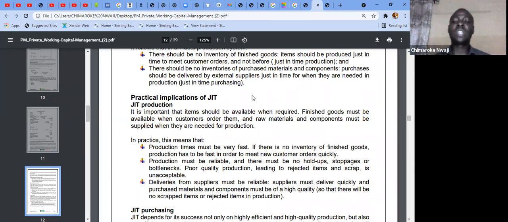So there's nothing like, I'm coming. Your delivery must be quick because you want to do just in time. So your suppliers must be very reliable, your production must be very fast, and your production must also be reliable. This is what is implied when you are doing just in time.